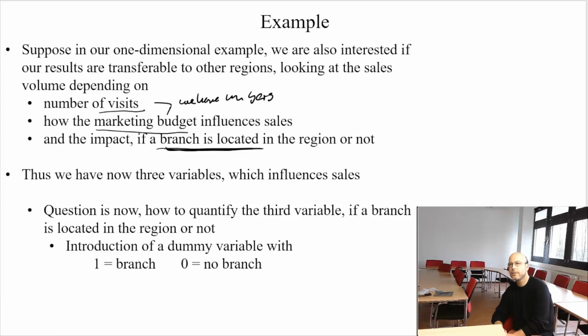Well, in order to quantify this, we then introduce a so-called dummy variable. And for this dummy variable, we say if this dummy variable is 1, then we have a branch in the region, and this dummy variable is 0 if we have no branch in our region.